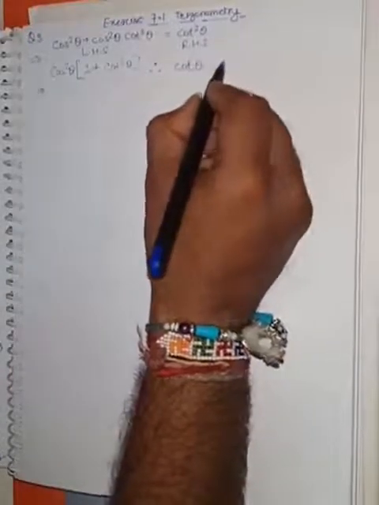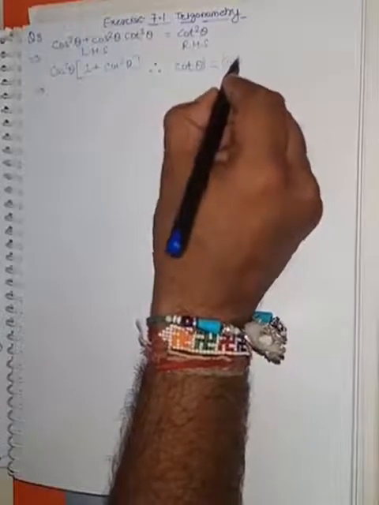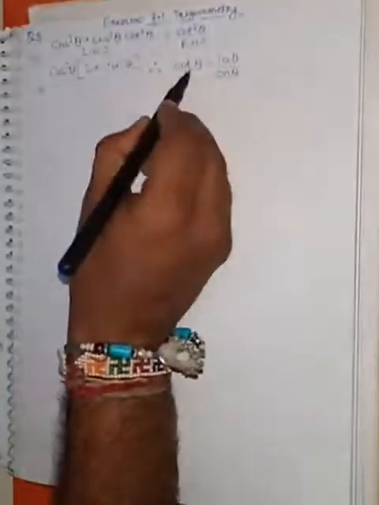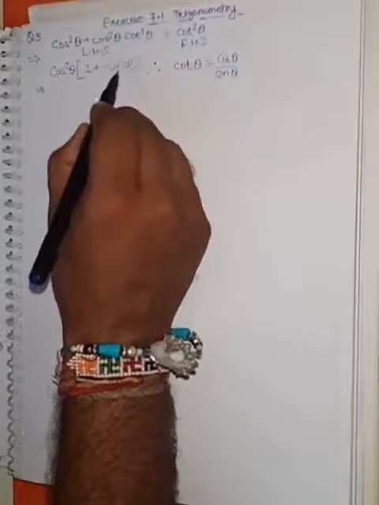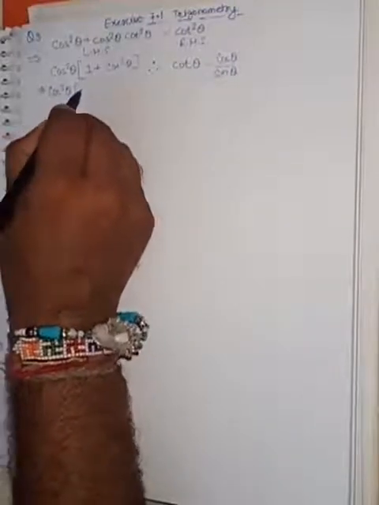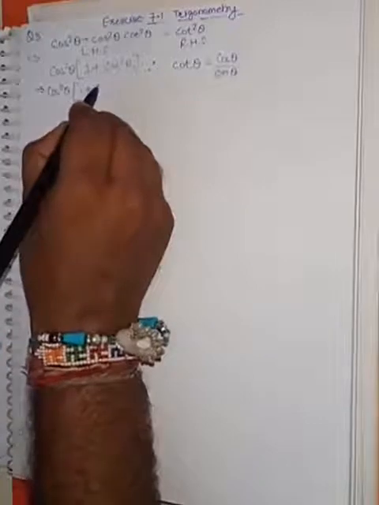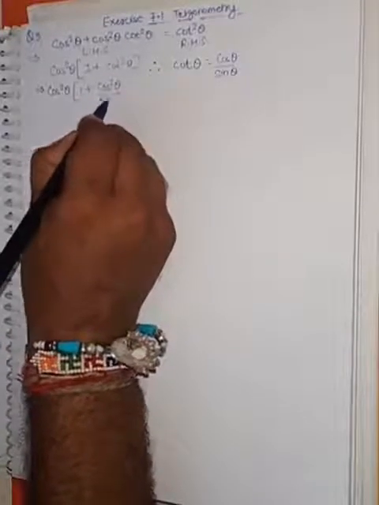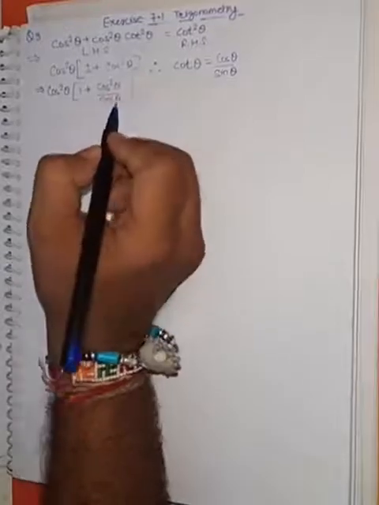Cot theta we know is cos theta upon sine theta, correct? So here we put that value in place of cot square theta. So cos square theta times 1 plus cos square theta divided by sine square theta, correct?